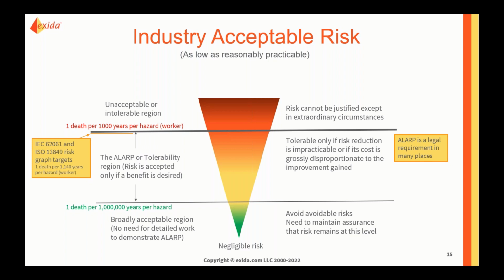And it is well away from the nominally broadly acceptable tolerance of 1 fatal accident per 1,000,000 years of exposure. So again, something you really need to be careful about if you're taking the embedded risk tolerance from the standard examples in 13849 and 62061.